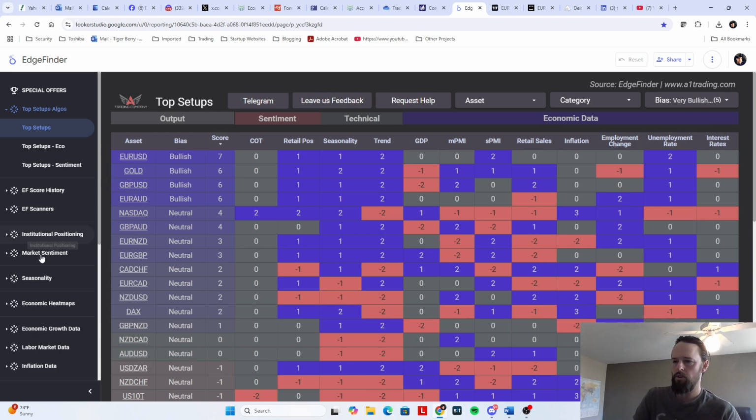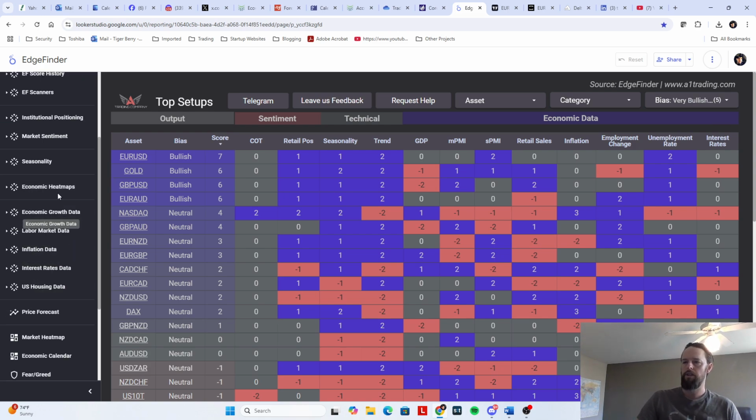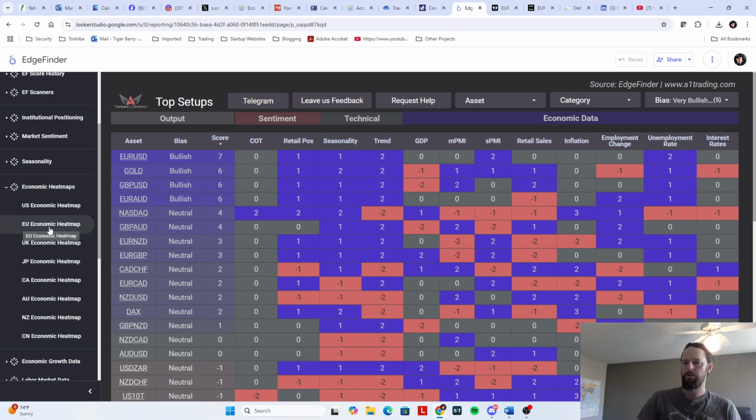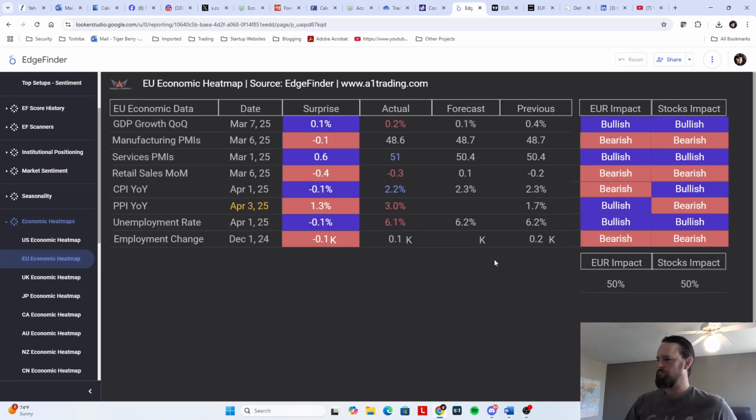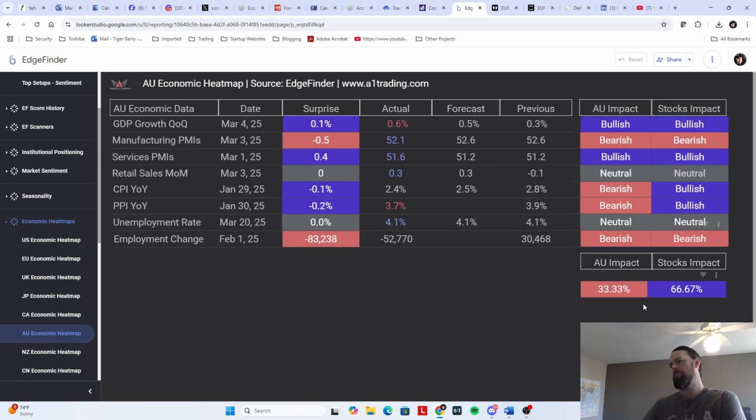If I go to Euro and Australia on the economic heat map, here's the Eurozone, just as an example. It's not the greatest numbers. Okay, it's kind of a 50% euro impact. If I go to Australia, look at this, Australia, it's a low number.